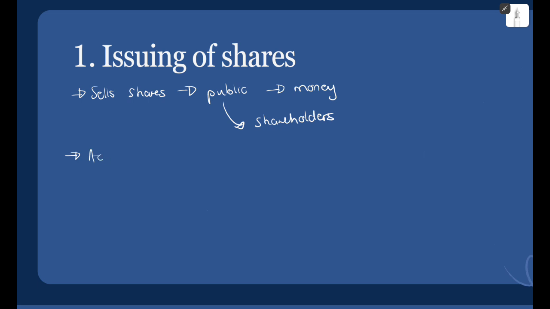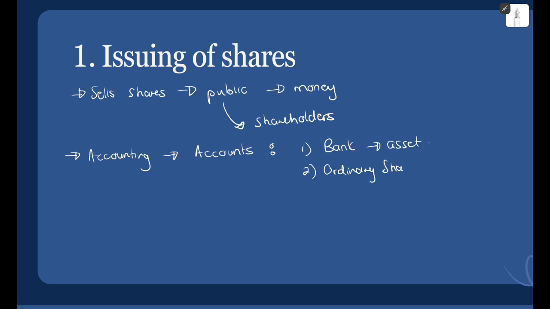So what does this have to do with accounting? How do we account for this? How do you account for an issue of shares? The first thing that we need to understand is the accounts that are affected by the issuing of shares. We have two accounts. Number one, because we are receiving money, anything that has to do with money, we always have bank. And bank is an asset. The second account is a specific account called ordinary share capital.